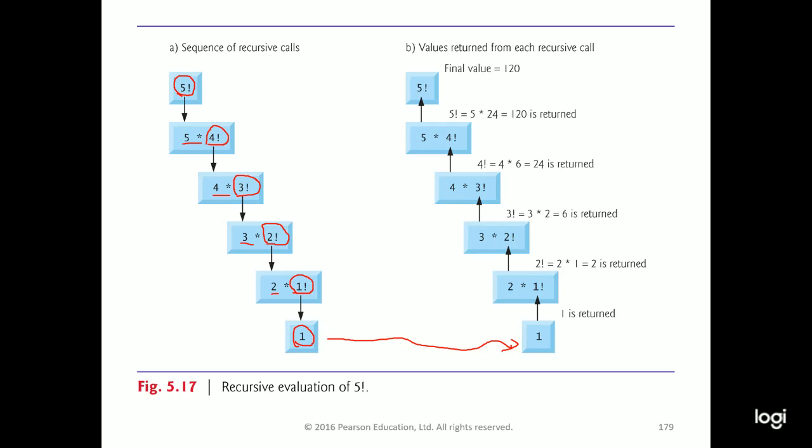The caller says, okay, I got feedback from the one I called, and he returned a value of 1. So I'm going to multiply 2 times 1 and return 2, and when 2 is returned, the caller takes 2, multiplies it by 3, and 6 is returned.